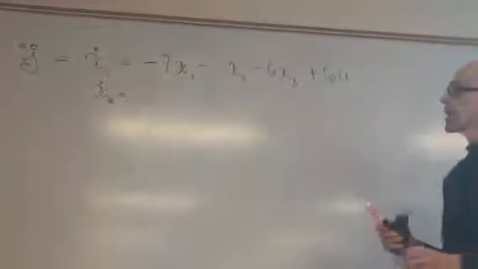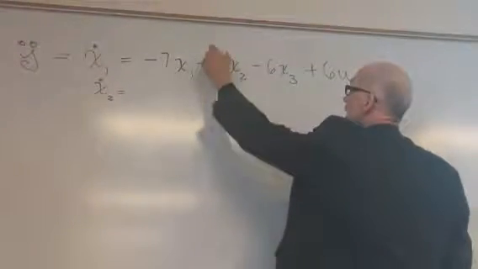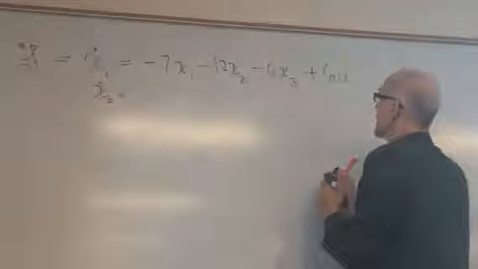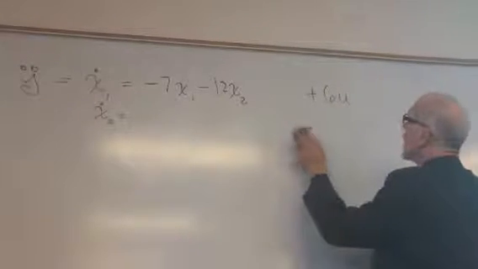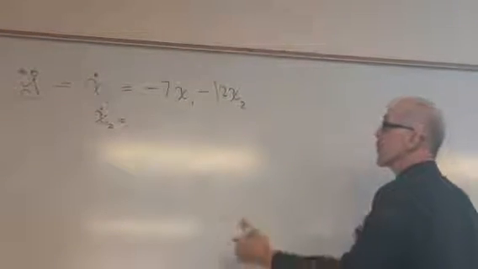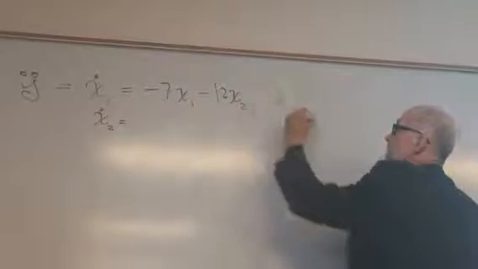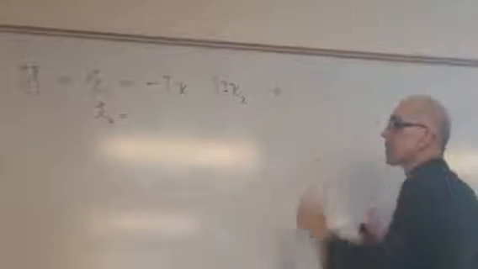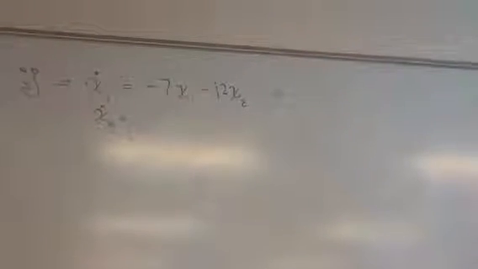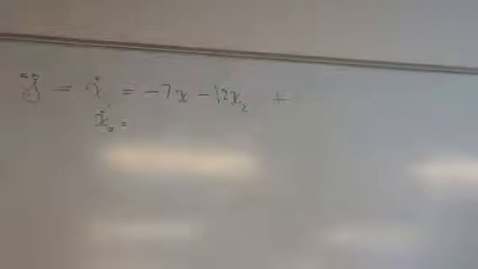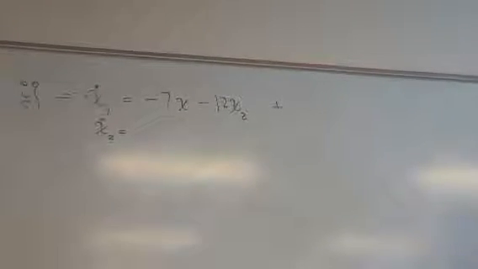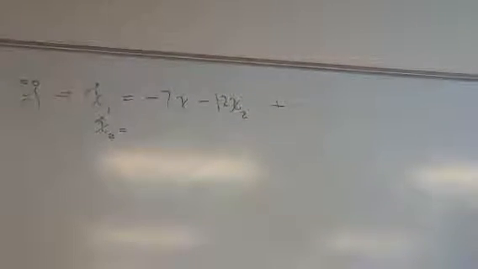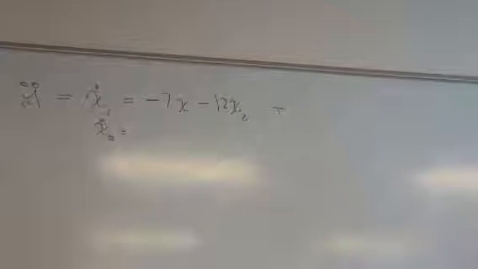So this is minus 7, minus 12. There is no x3 in this one. And then we would have plus what? Cross multiply and solve for y double dot. U dot plus 2u. Right?